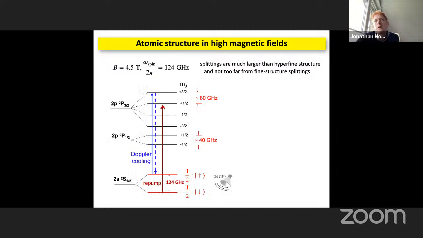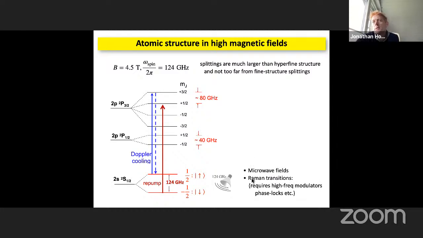Beryllium is actually quite convenient in that sense. It doesn't require so many different lasers. But if you want to manipulate spin states or qubit states in beryllium, you need to bridge this 124 gigahertz splitting. That's a high and somewhat painful frequency, both for microwaves, but much more so for lasers.